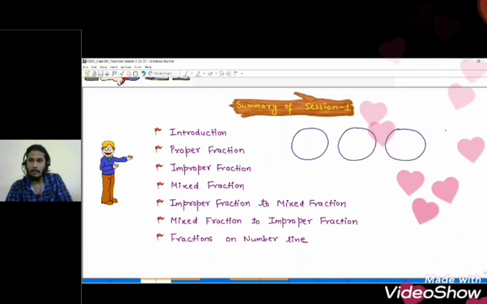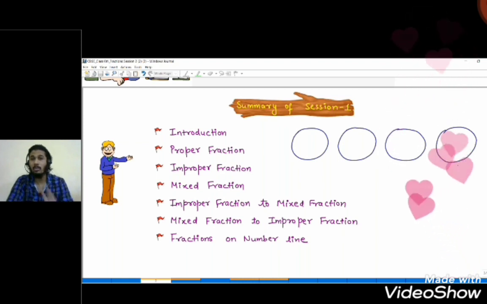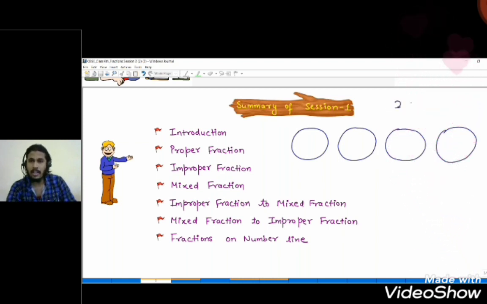There are 4 pizzas that are meant to be shared among 3 friends, and only 3 friends are there. Now the rule is, 4 cakes have to be equally divided among these 3 friends.